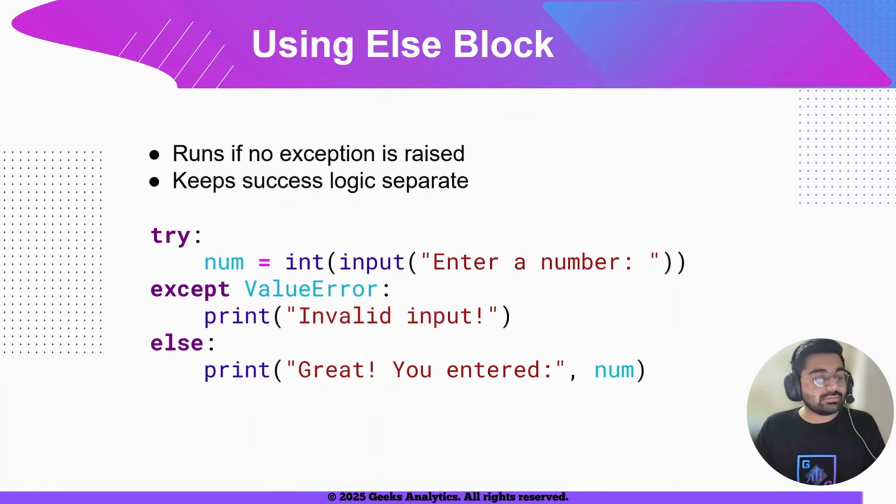There you can maybe use an else block, or maybe you might also not need to use an else block. It is just that there is a functionality that after try and except you can use an else block.